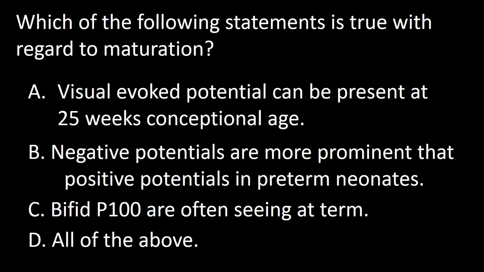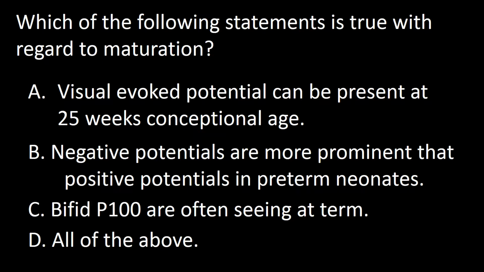Next question. Which of the following statements is true with regard to maturation? A. Visual evoked potentials can be present at 25 weeks conceptual age. B. Negative potentials are more prominent than positive potentials in preterm neonates.